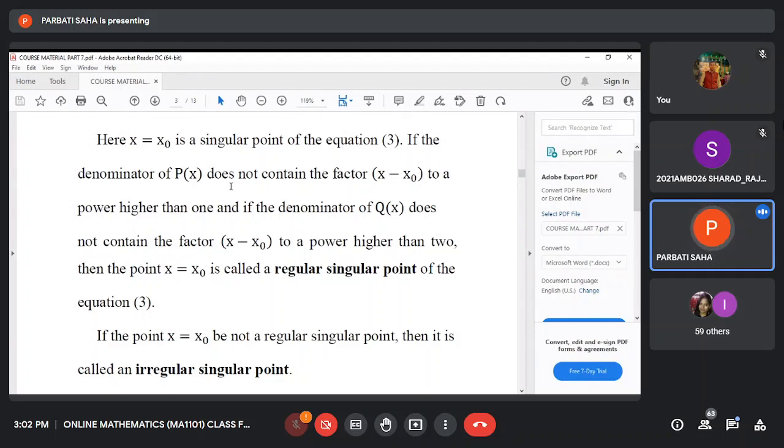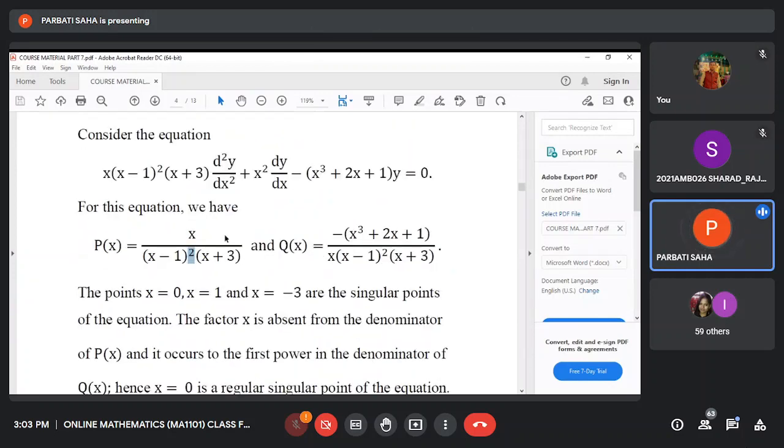The power of x minus x0 should be less than or equal to 1. It cannot contain a factor x minus x0 whose degree is greater than 1. So if we observe here, the power of this factor x minus 1 is greater than 1, then the first condition is violated, and so x equals 1 is not a regular singular point.